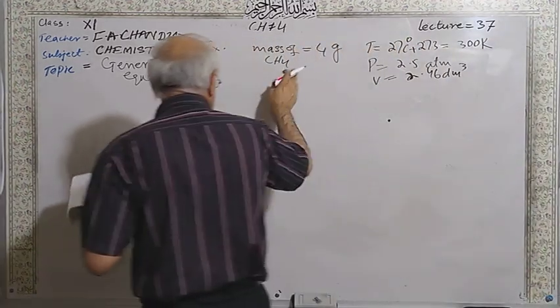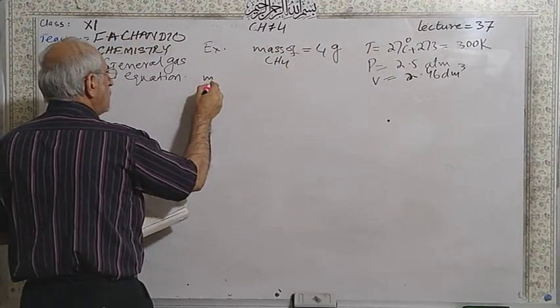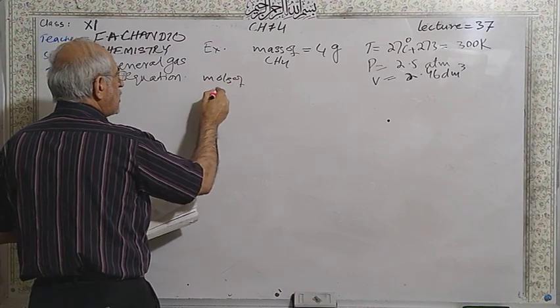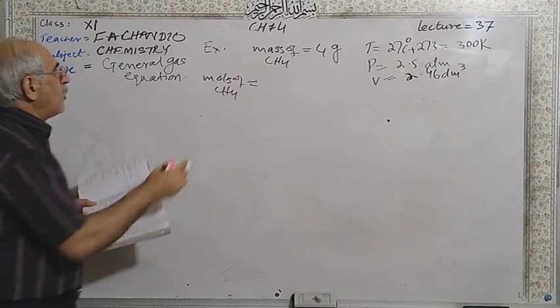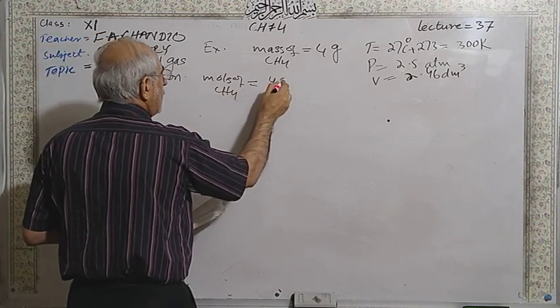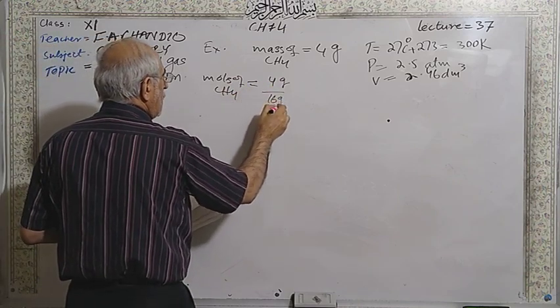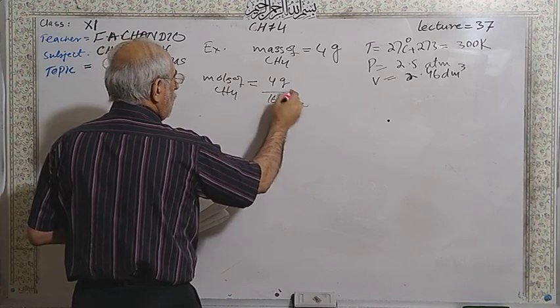So students, first of all, we will calculate the moles. Mass is given, moles of methane, and you know the mole is equal to mass in grams over molar mass. So 4 grams divided by 16 grams per mole.